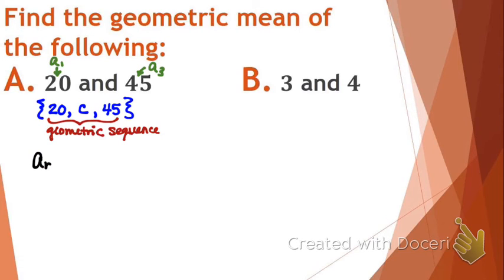We can use our general form for the nth term to determine what R is. Because if I know what R is, I can take the first term and multiply it by R to find the second term. The second term multiplied by R would give me the third term, and so on and so on. So if I can find R, I can find any term.